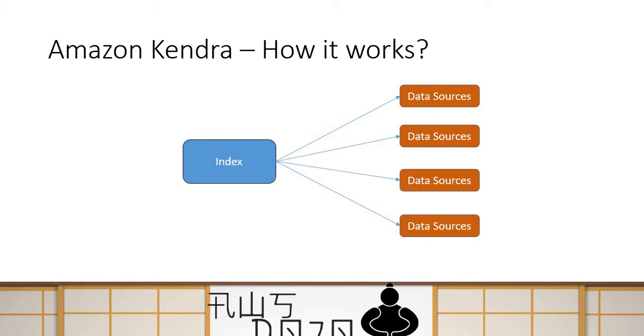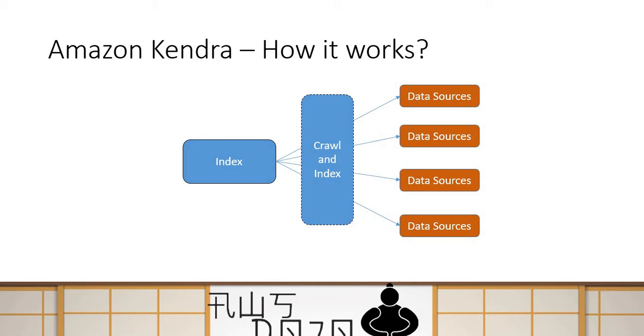And once you have configured the data sources, then you do something called sync of the data sources. When you do the sync, your data sources are scanned and they are indexed for the search purpose. And it is pretty exhaustive. For instance, I'm going to show you Salesforce.com as one of the data sources for the search engine, and there you can look into objects, you can look into knowledge articles, you can look into attachments also.